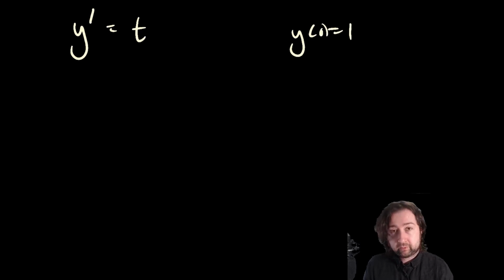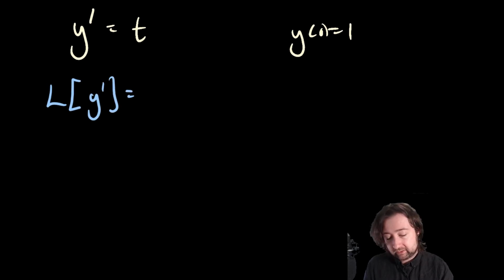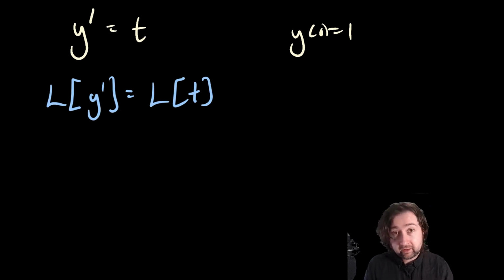So what if we did this with the Laplace transform? Because that's going to be illustrative of the way these problems tend to go. y prime is equal to t, and y of 0 is equal to 1. I'm going to apply the Laplace transform to both sides. The Laplace transform of y prime is equal to the Laplace transform of t. And I know how to evaluate that.